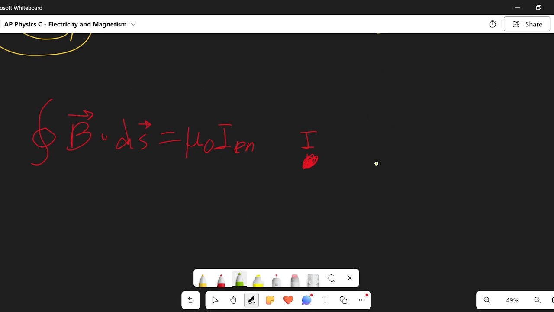So now we can draw an Amperian loop. Sorry, it's not completely the circle. We're going to have an Amperian loop like so.